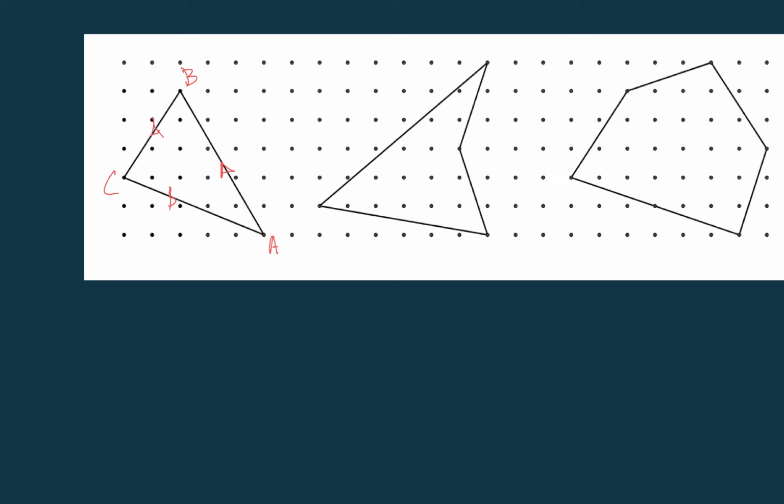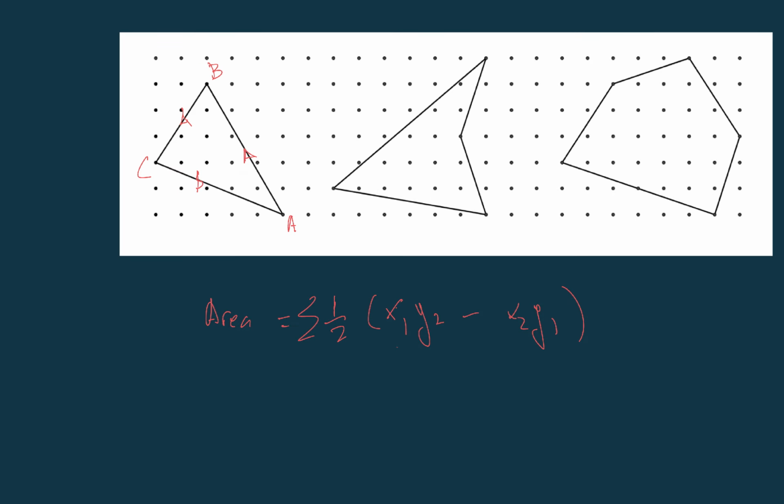I know that the area is 1/2 times the summation of x1 y2 minus y1 x2. This is the formula, and I have to make the sum for all the points.